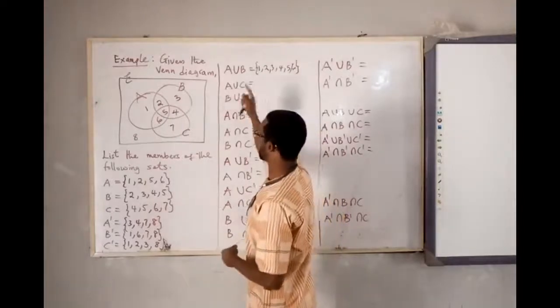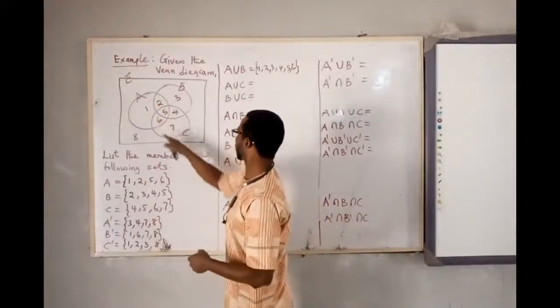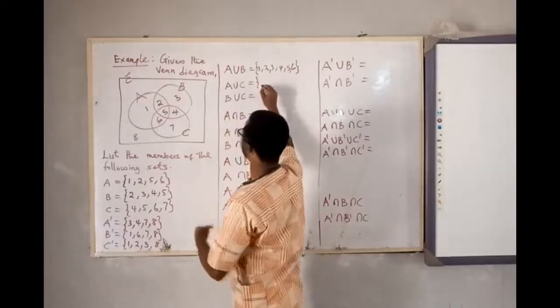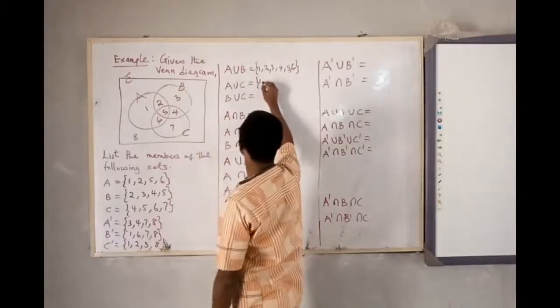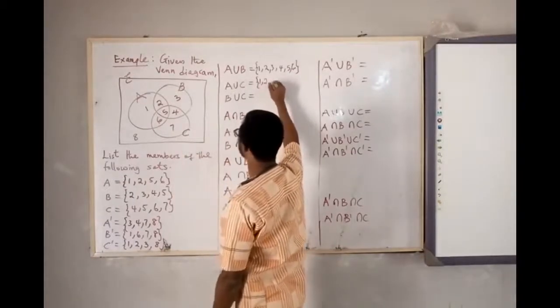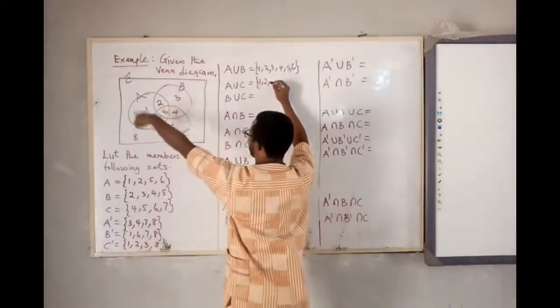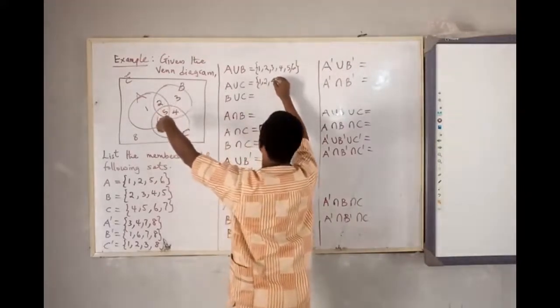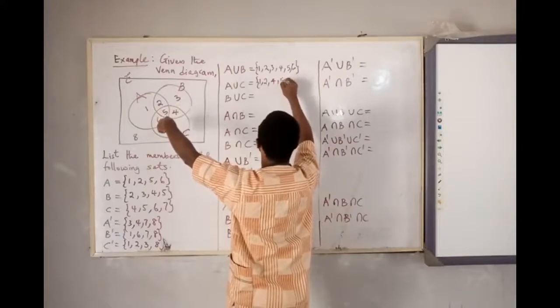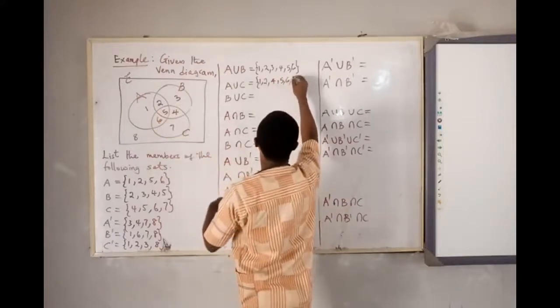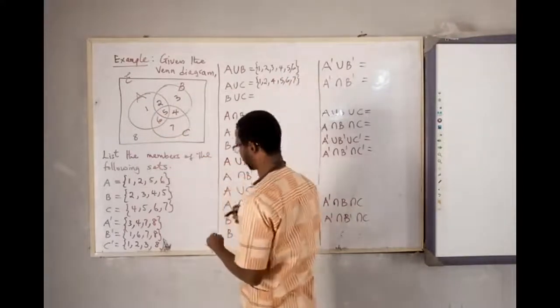A union C. Circle A and circle C put together. Every element you have, you can try that now: 1, 2, 4, 5, 6, 7, listed accordingly for easy identification.